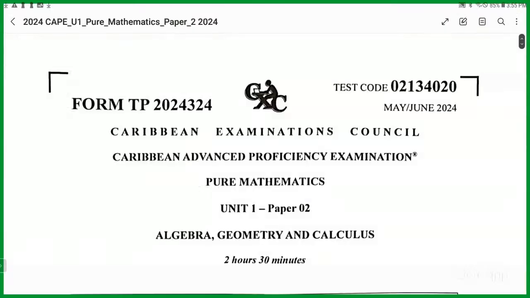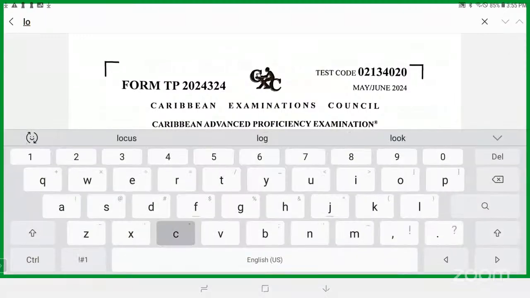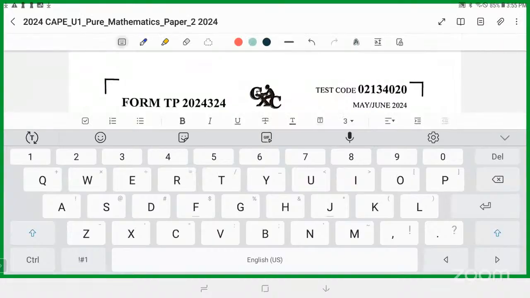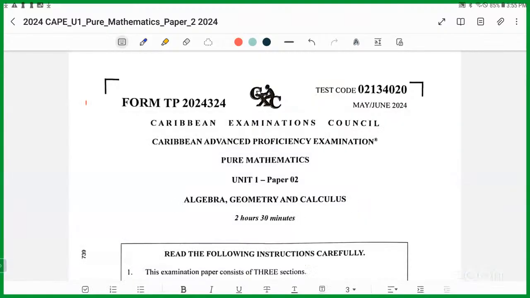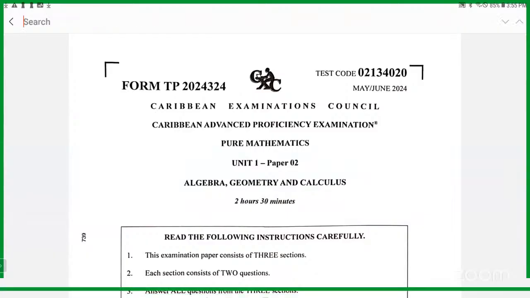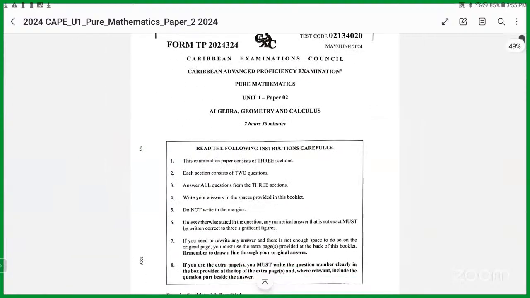Alright, so you can search your locus. Not there. Let's try search. It's not there. So we could search it this way then.